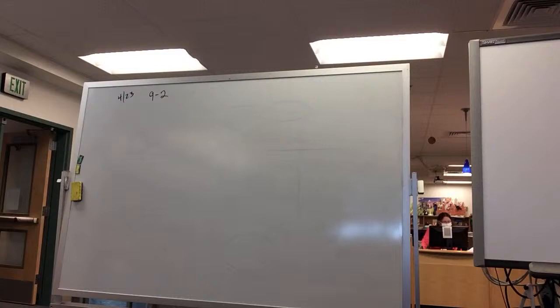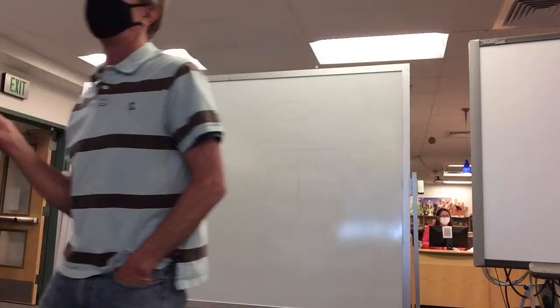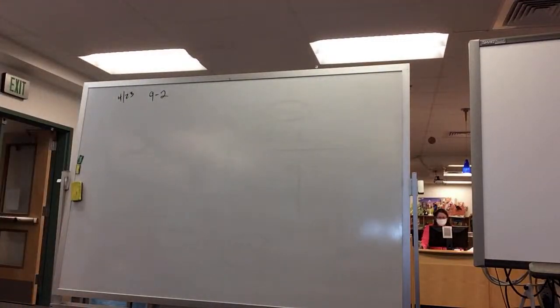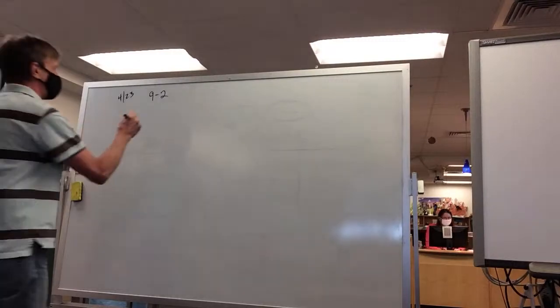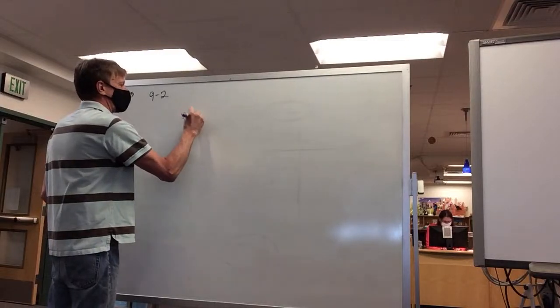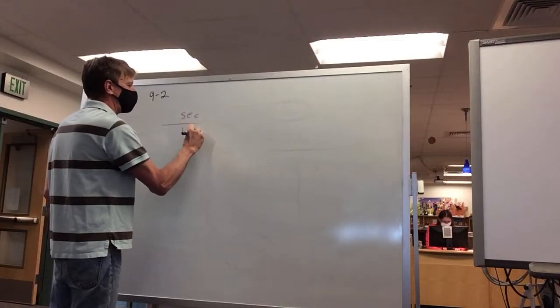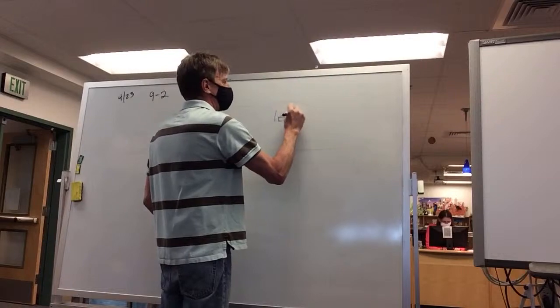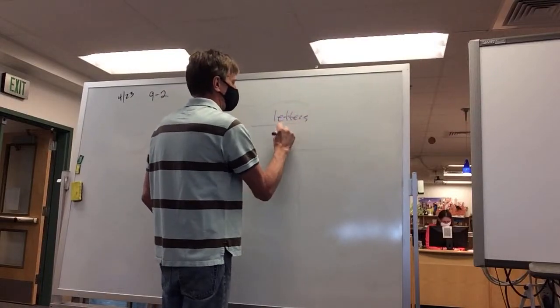Okay, so we have number of letters, and we have time in seconds. So we have two different units. And when we combine two different units together, we call that a rate. So we could either look at this rate as seconds per letter, or letters per second.